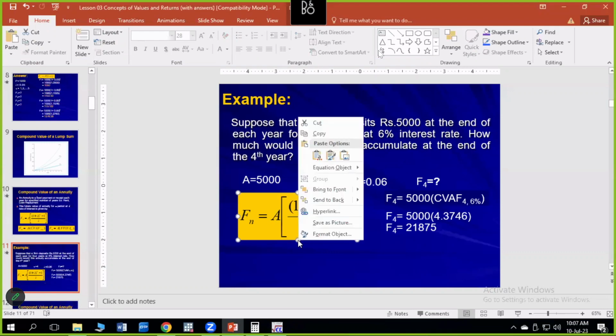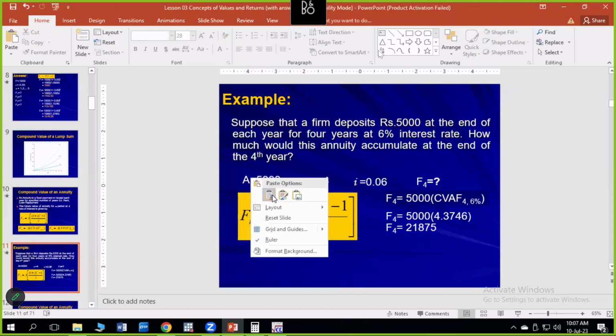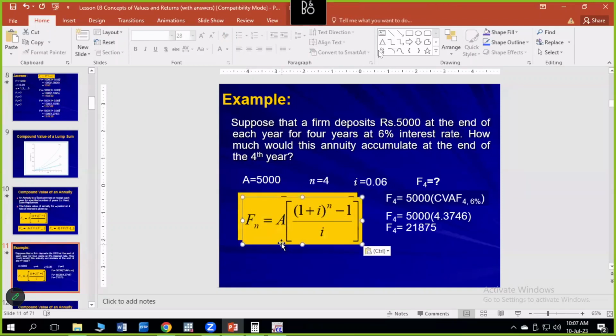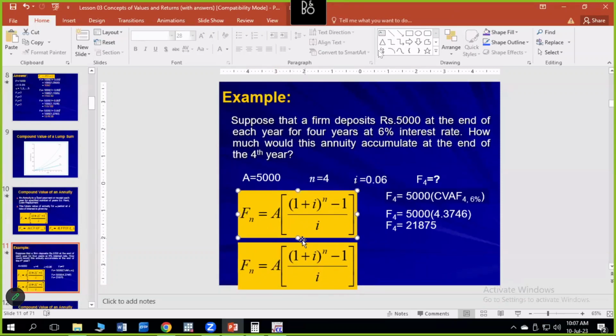First, write the formula, and do the substitution.